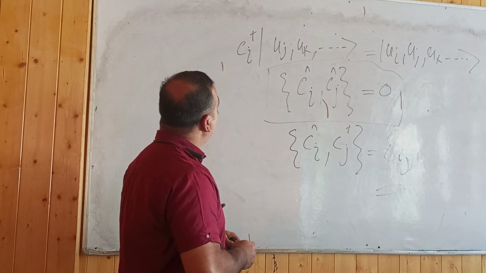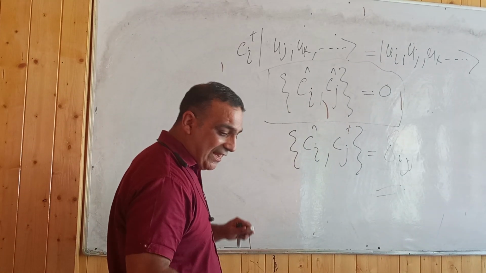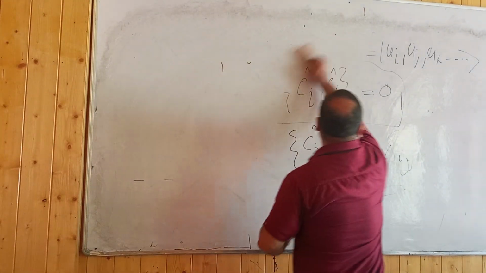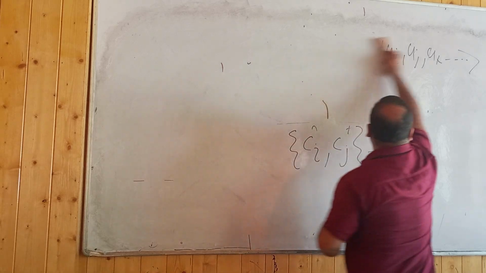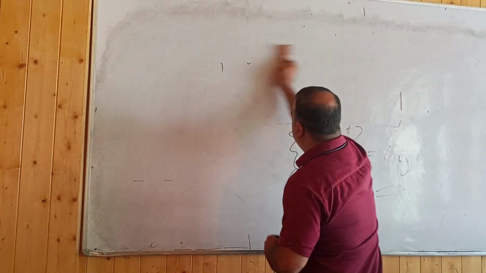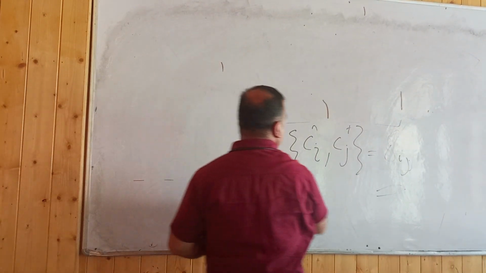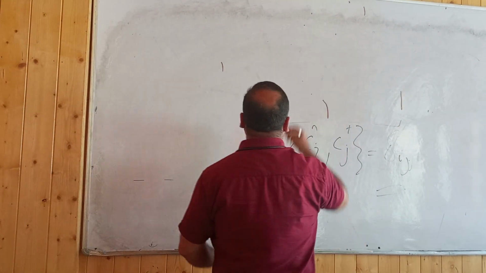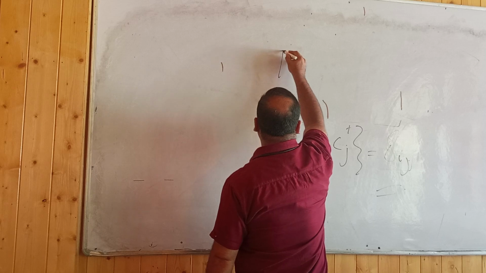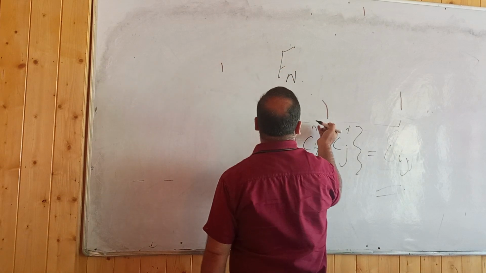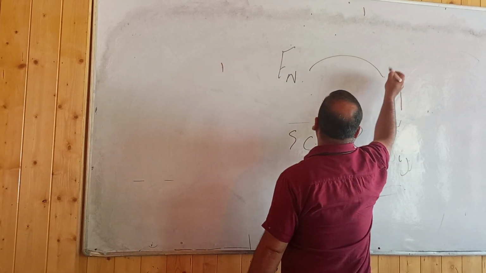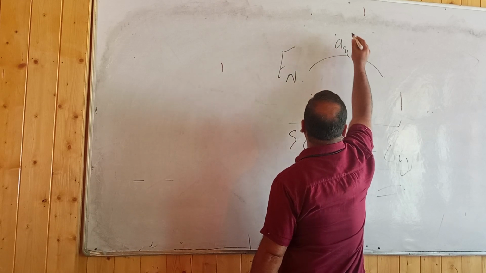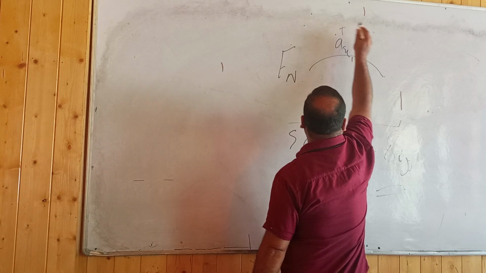Now, what we have is, we would like to summarize these two things. The first thing is, I have a Fock space Fn, and I use a creation operator a zeta i dagger.